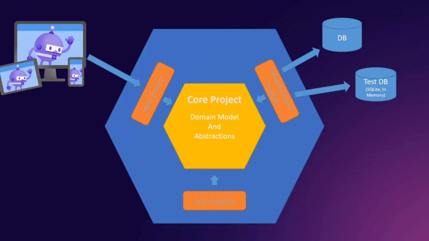Then we're going to have also the infrastructure project separate, and it is responsible for all of the other things you're going to collaborate with. Any types of web services or Azure services, databases especially, all those things are going to be inside of the infrastructure project. And then if you have tests, which of course you should, those will be in separate projects as well, testing the core project as well as other projects.